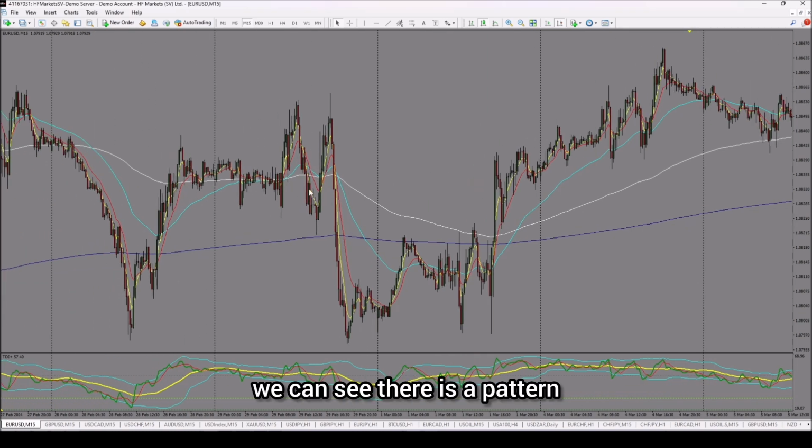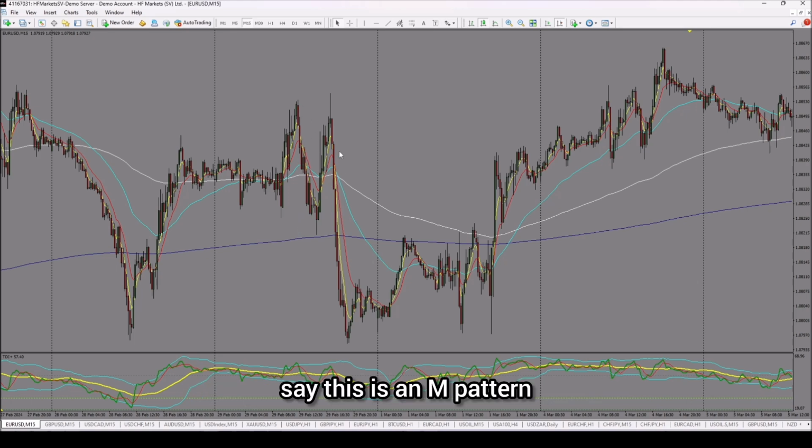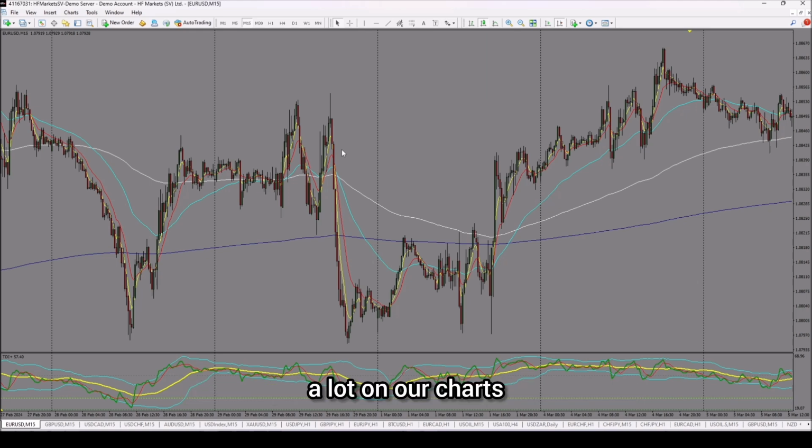So in this case, we can see there is a pattern which you can name, or any kindergarten student can say this is an M pattern. There are clear legs, first leg and then second leg. However, the market throws these a lot on our charts.